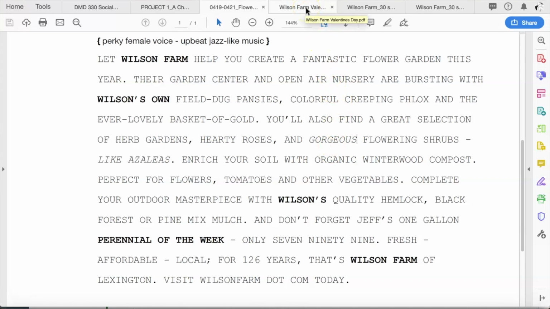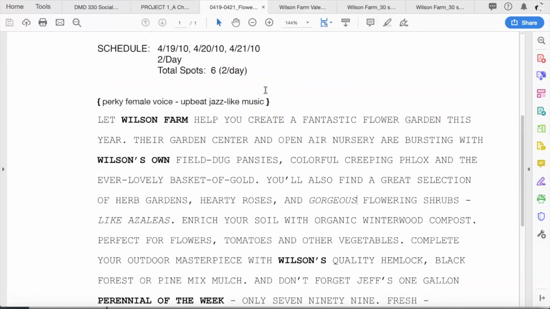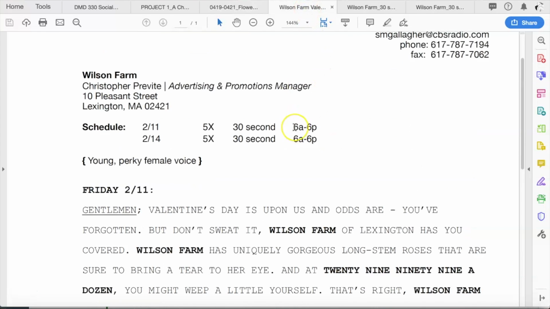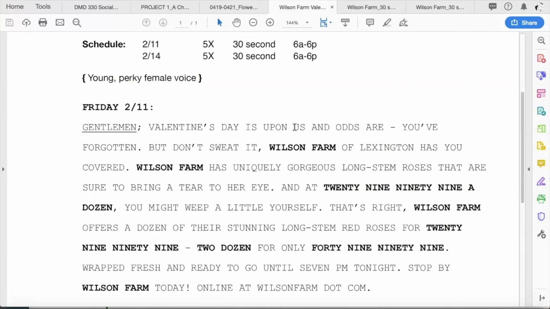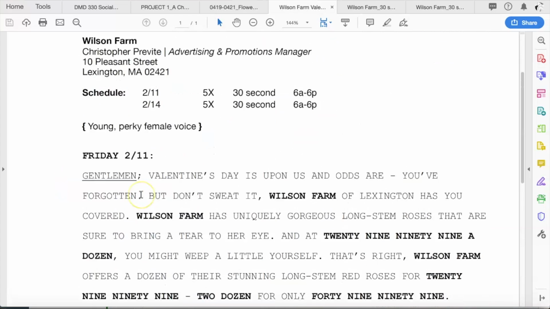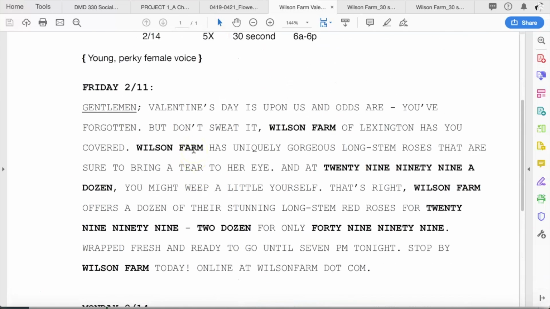Try to be consistent in the type of personality that you're showing. Now this one here was for some flowers, and then this example here that I gave you is a Valentine's Day one. This one's got a little more sass to it, as it were, and you'll see that there's two separate copies here because one version was going to run on one day and another version was going to run on a different day.